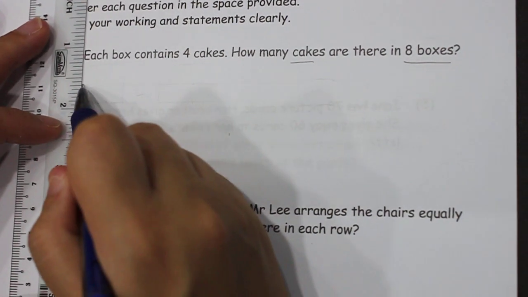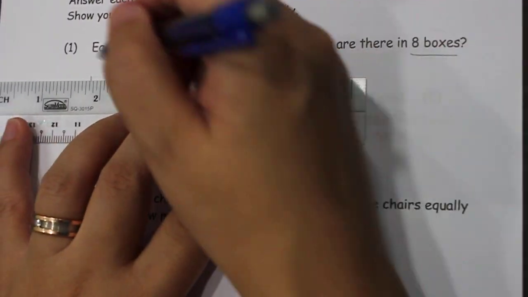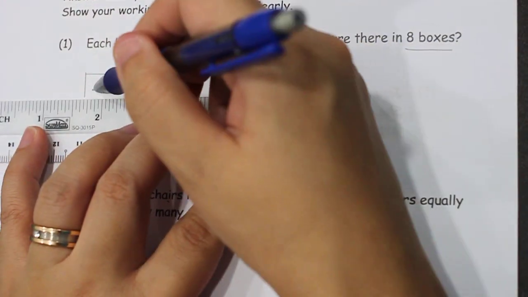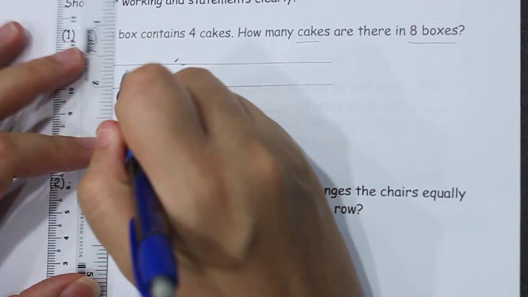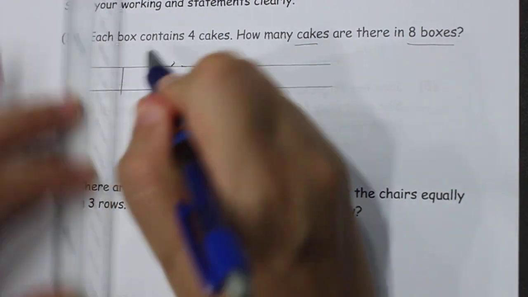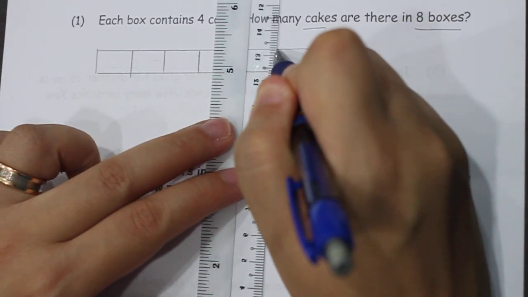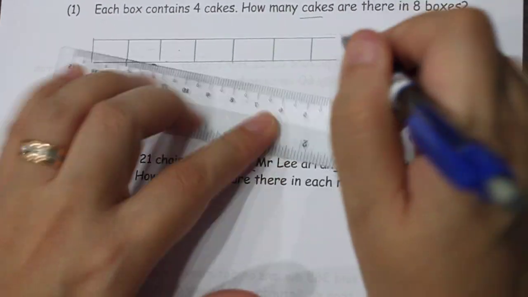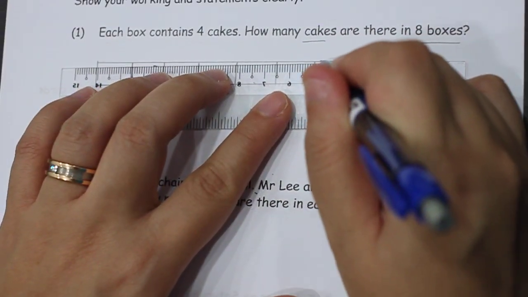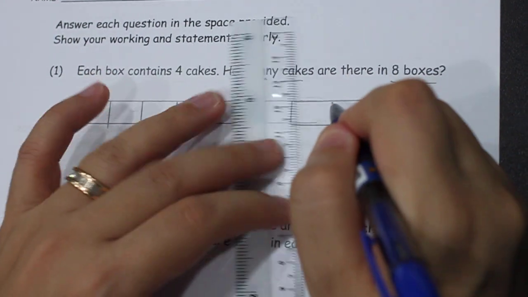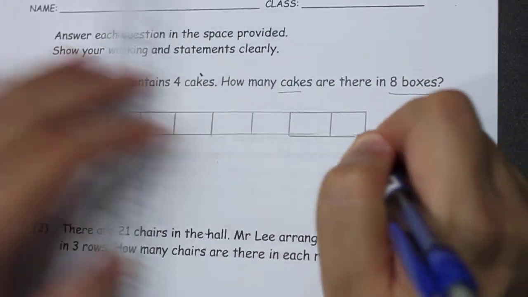So we are going to draw 8 boxes. 1, 2, 3, 4, 5, 6, 7, 8.